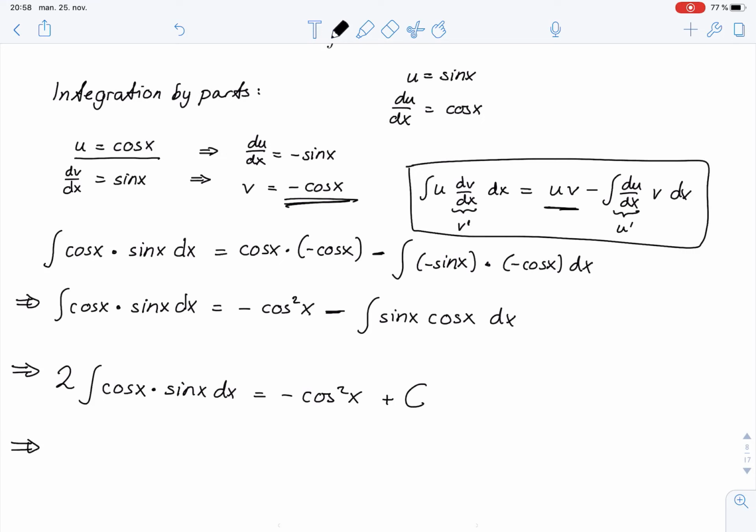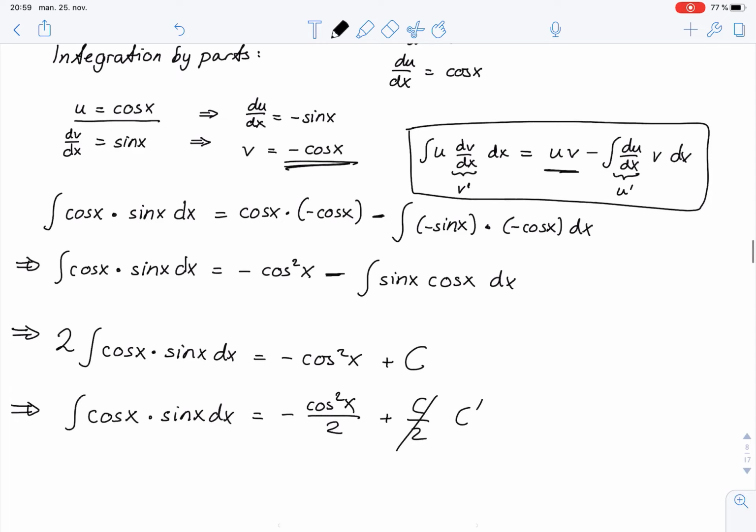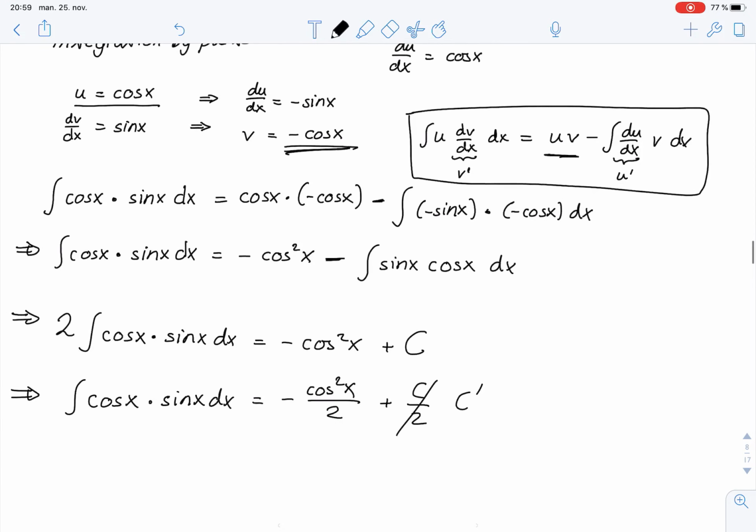And that will give us our answer already, because now we just need to divide by 2. If you call this C, or you drop it and you put a C marked, that's up to you. Okay, so that would be one way of solving it.